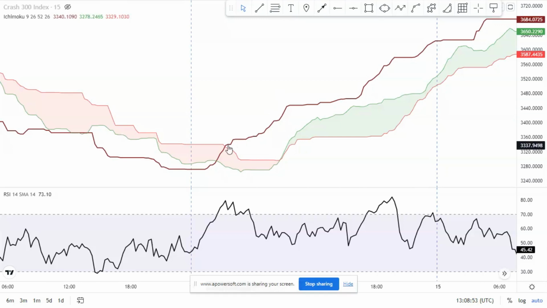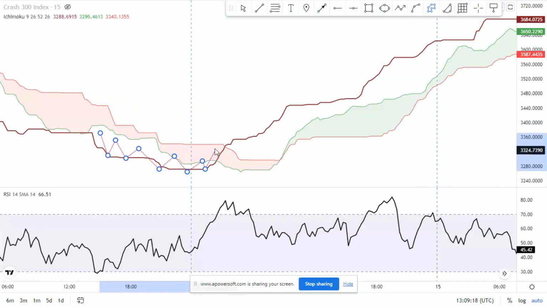Now the baseline is going to be helping us with the dynamic support and resistance, or basically it's going to be showing us the intraday dynamic support and resistance. This is how the candles are going to be forming. Let's say here we've been bearish. They will be forming like that, bullish and bearish, bullish and bearish.